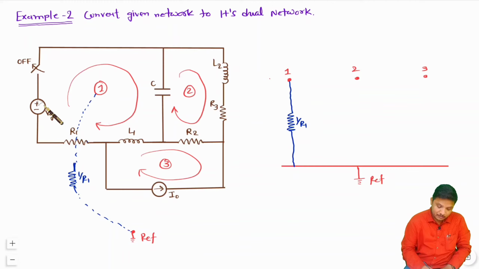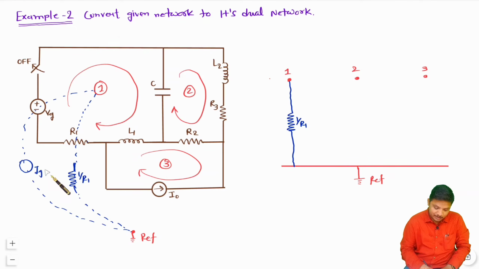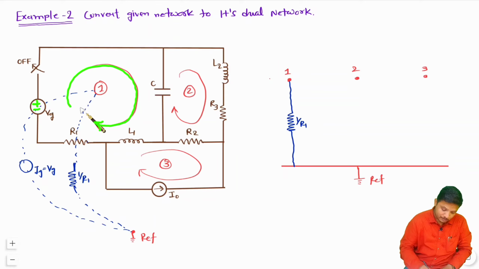Now see this Vg, that has been connected from node 1 to reference. You see I am connecting it from node 1 to reference, and it now becomes a current source Ig, which has value Vg, right? If you see this voltage source with respect to the given loop, it goes from minus to plus, meaning the current direction should be upward, like this.